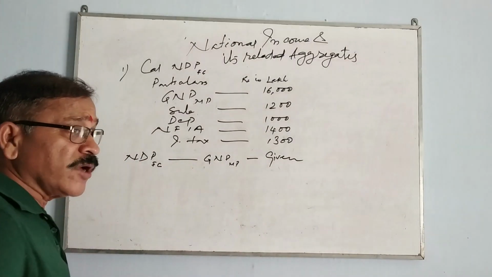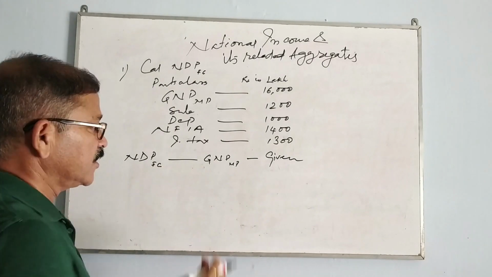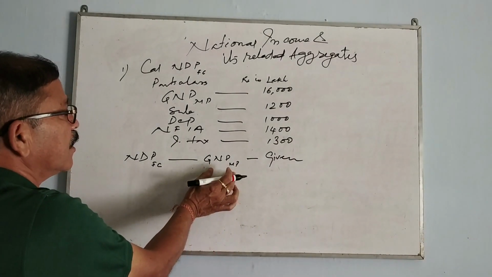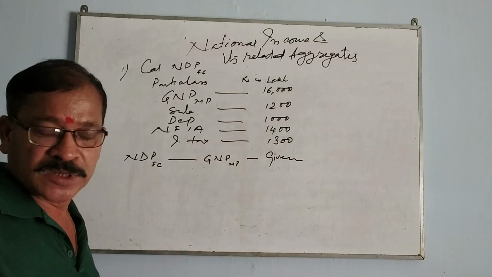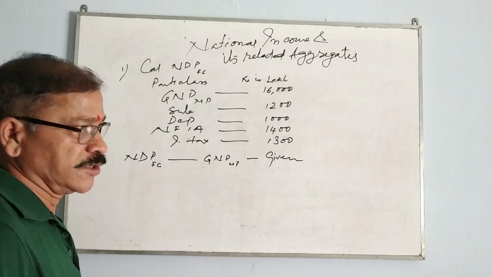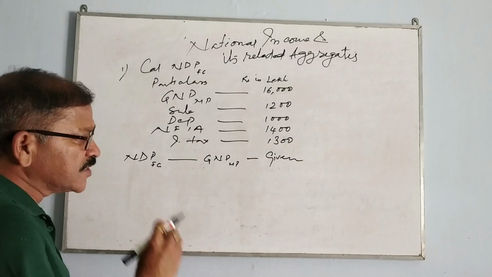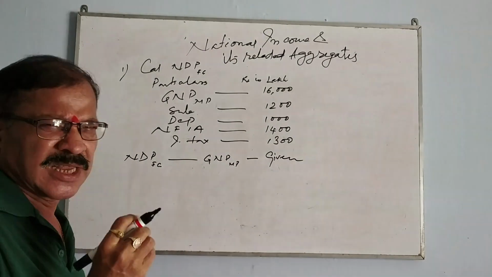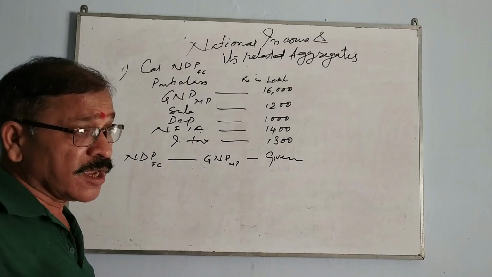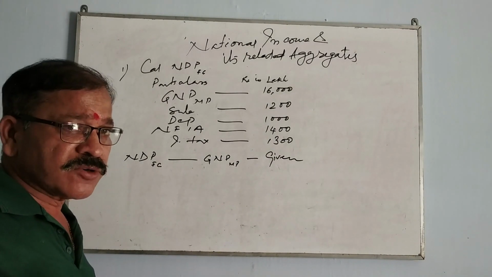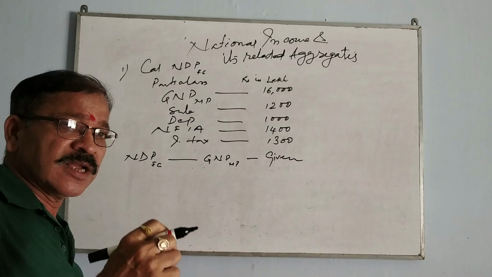Now you have to convert GNP-MP into NDP-FC. How will you convert? Very simple. You have to see the letters. This is a very easy way of doing numerical problems. You have to see each and every individual letter.